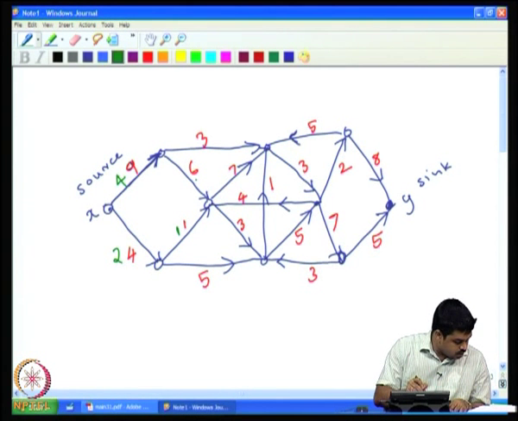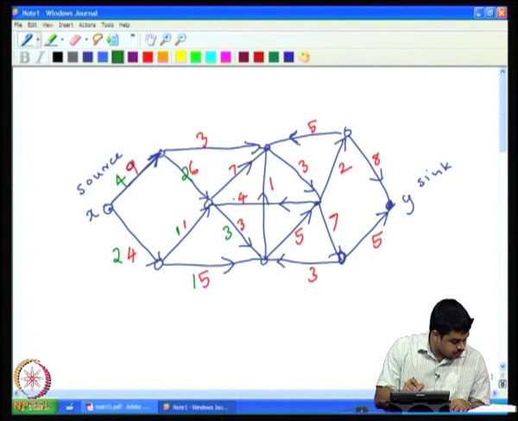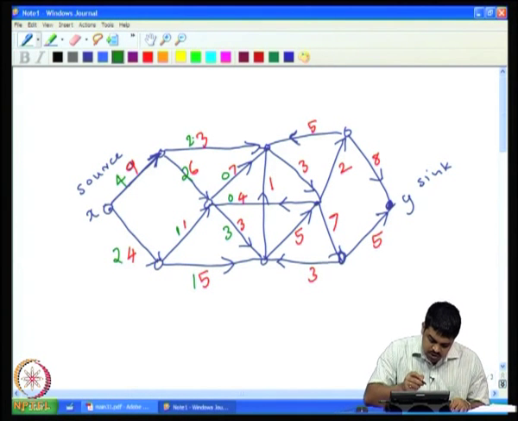Here I put 2, and here I put 1, and these are all satisfying the constraint, like 3 is less than or equal to 3 but greater than 0. Here I am putting 0, and here 0, and here 2, and so on.